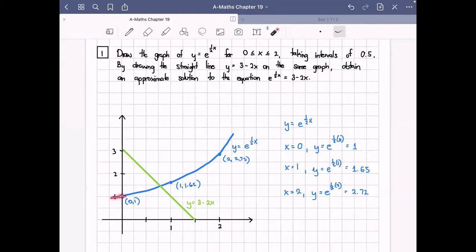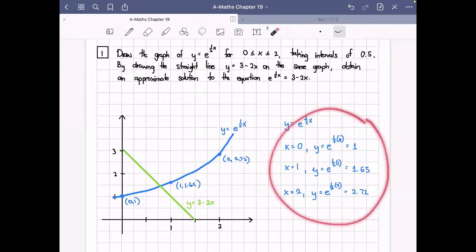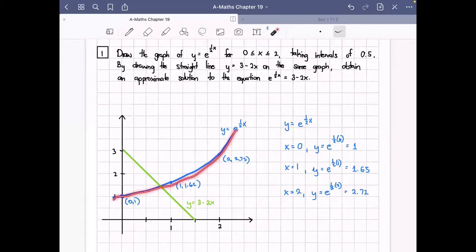Then you just draw a curve connecting those 3 points. Do you have any questions on how I graphed the curve? Sec 4, do you have any questions? I think that's relatively easy. You just complete the x and y values to get those points, then plot and trace those points by making a curve.